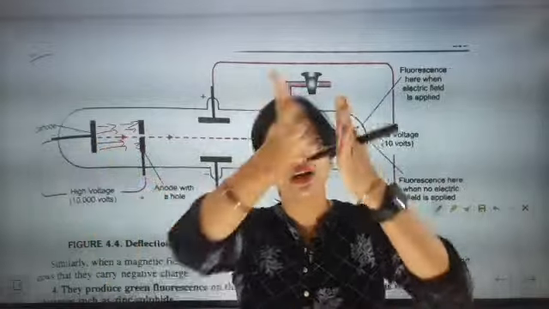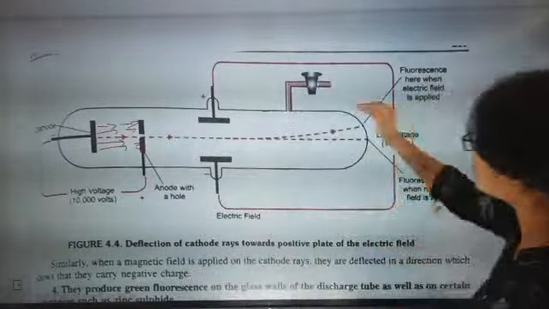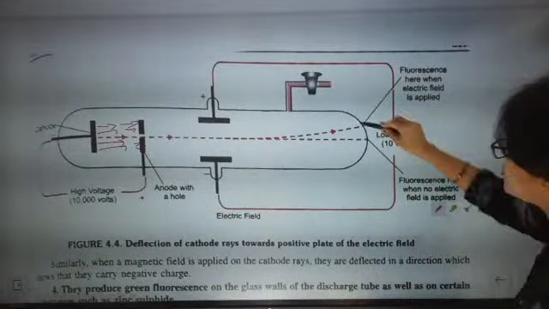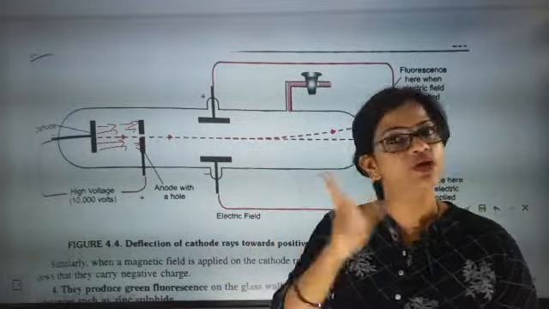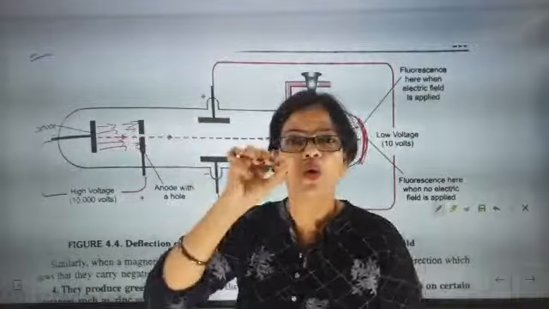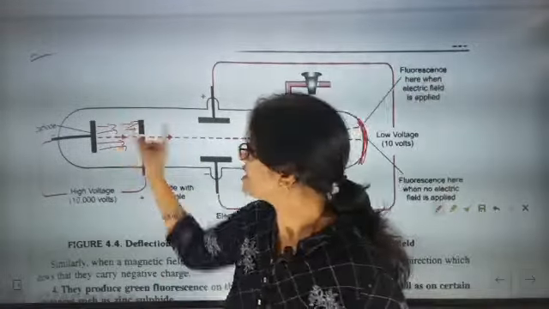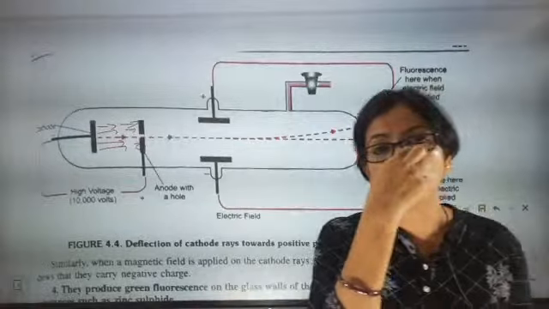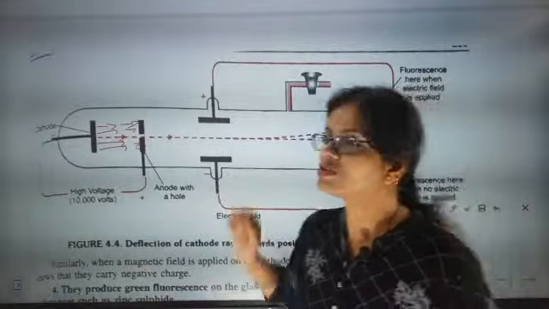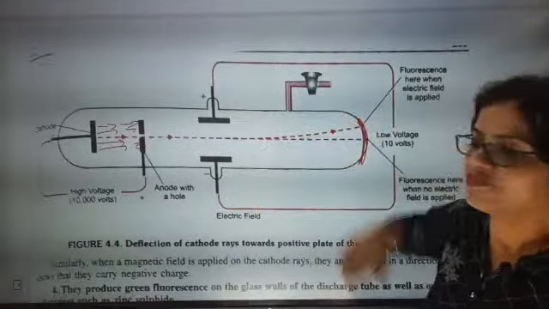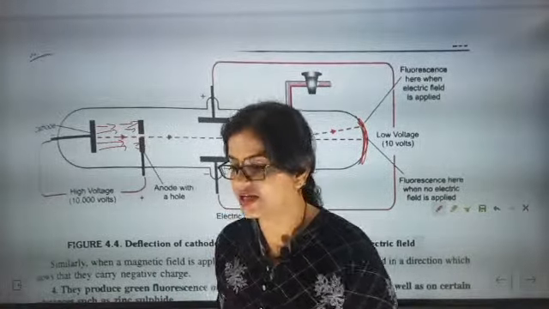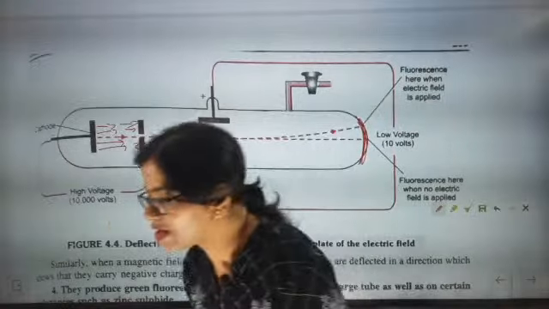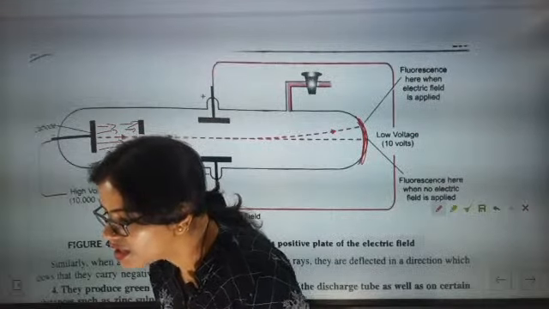It would make a full band of color here, and then this plate we kept would not work. So we kept an anode with a hole so that the extra rays are trapped. Only a small amount of rays can move so that we can see the deflection clearly. Now you understood, Shruti? We can see the deflection clearly.